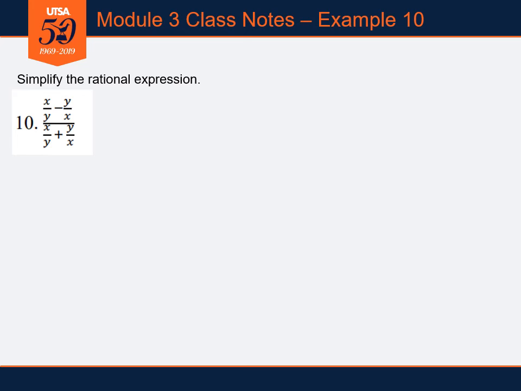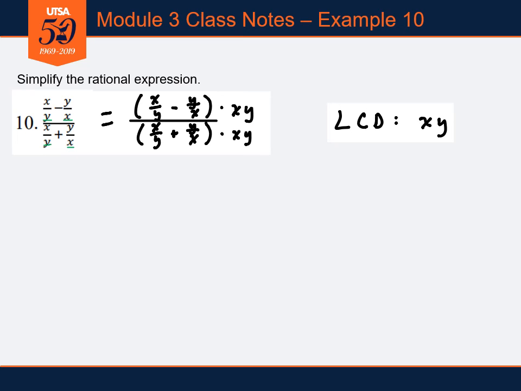If I look at each of the individual denominators of the smaller fractions, I see a factor of y, a factor of x, a factor of y, a factor of x. We don't have to repeat. We can just say I see factors of y and factors of x, so that my LCD will be x times y. And I'm going to multiply top and bottom by xy.